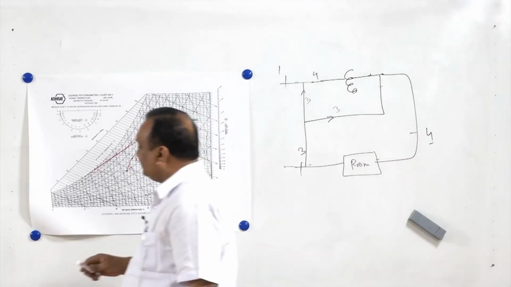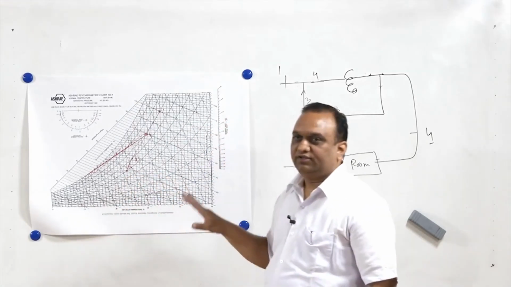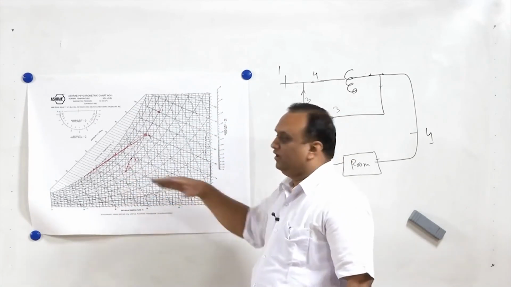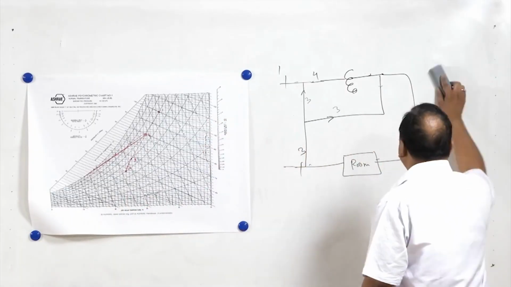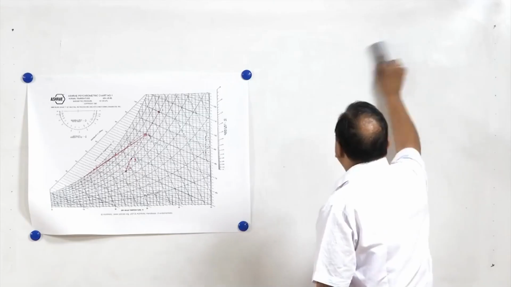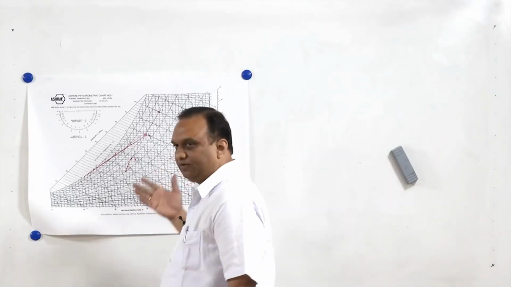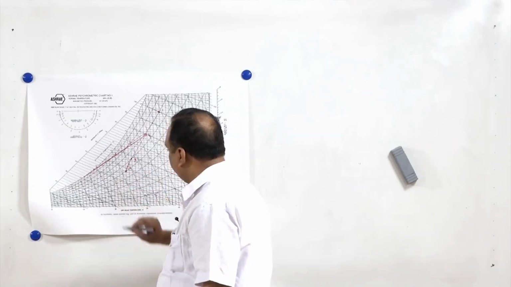In actual practice, the temperature of supply air is not 24 degrees centigrade. For the sake of understanding only, I have taken 24 degrees centigrade. Normally, the temperature of the supply air ranges between 13 to 17 degrees centigrade. It is known as grill temperature. Suppose in this room, I want to maintain a temperature of 24 degrees centigrade.